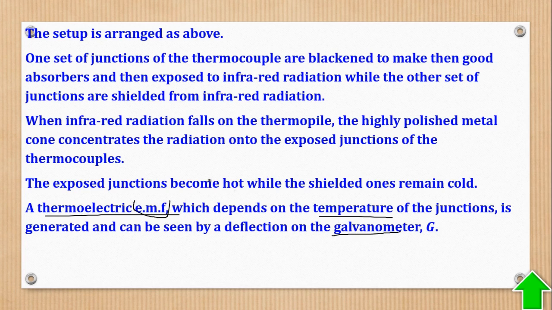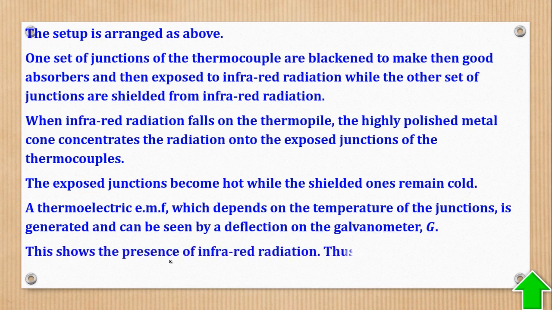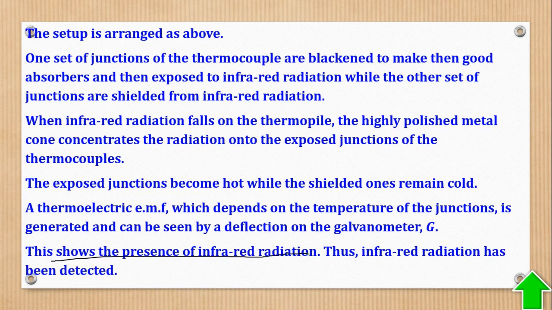Now since we have a hot junction and also a cold junction, there will be a temperature difference, and that is why this EMF is generated. So this shows the presence of infrared radiation, and hence it has been detected. And that is how marks would be awarded.